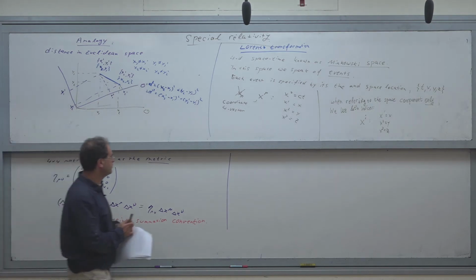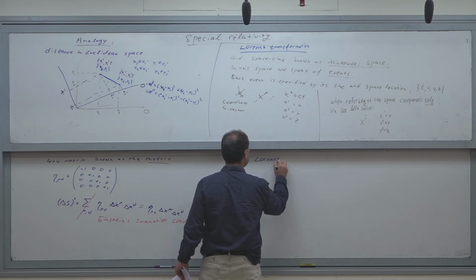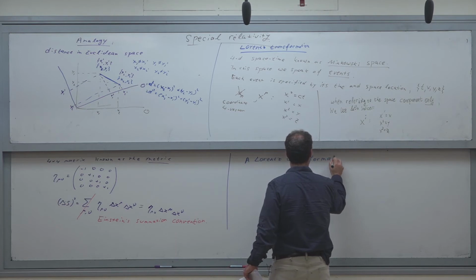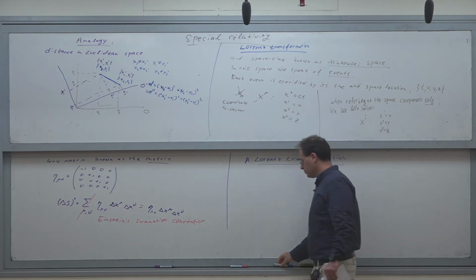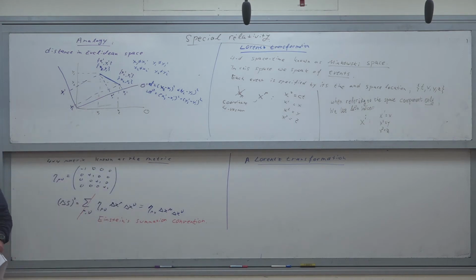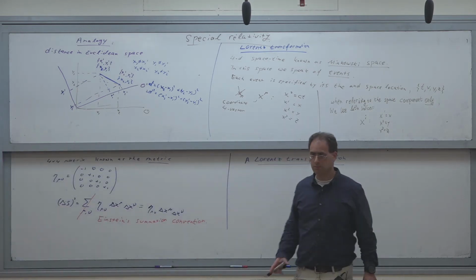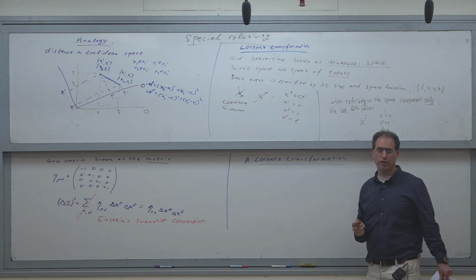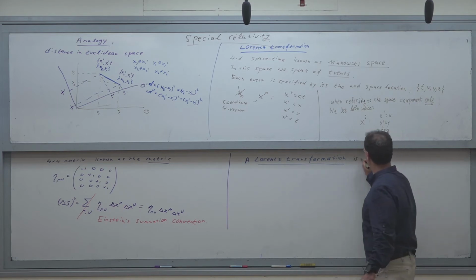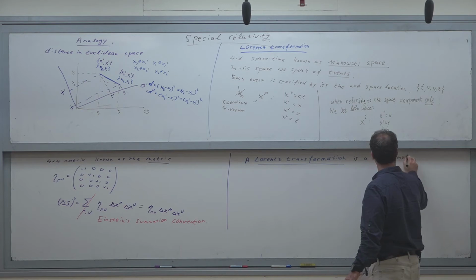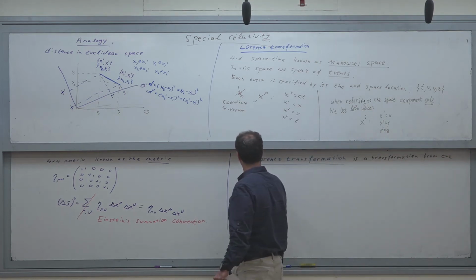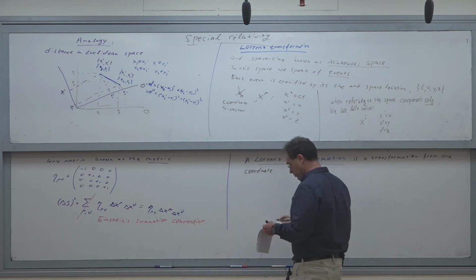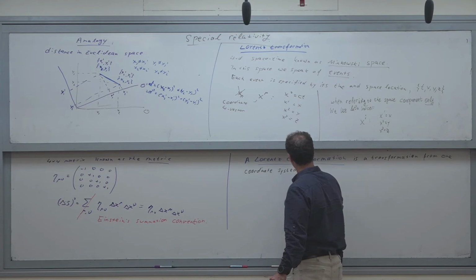A Lorentz transformation is a transformation from one coordinate frame, one coordinate system, to another.